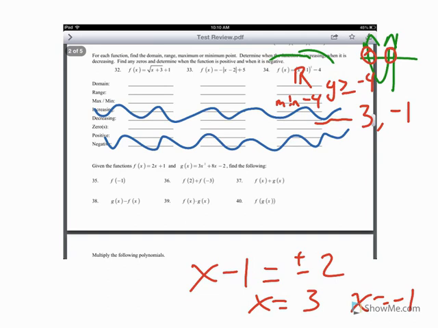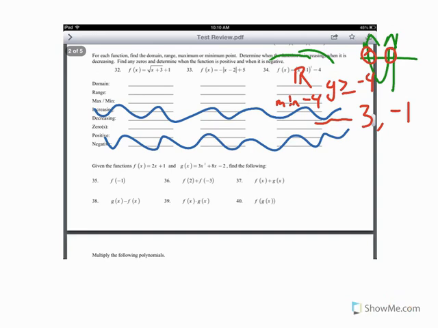Alright. Adding, subtracting, multiplying, dividing functions. So here, anytime you have f of a number, all you're doing is plugging in that number into that function.